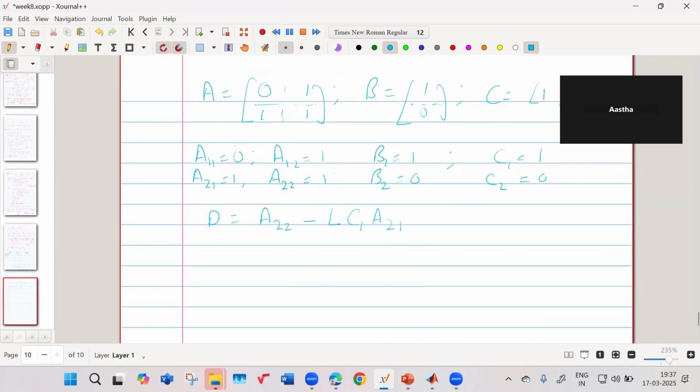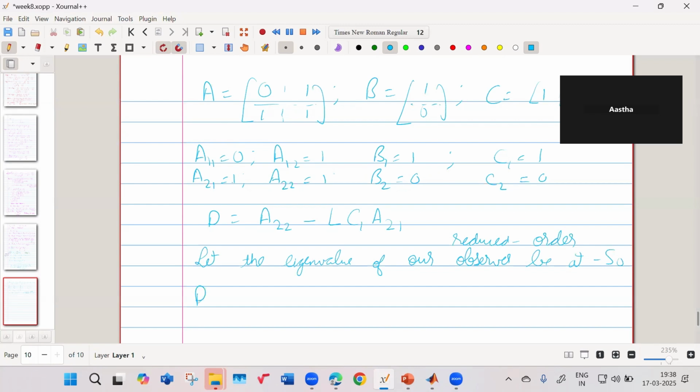We have to design this D. Let the eigenvalue of our observer, the reduced order observer, be at minus 50. We want that eigenvalue to be at minus 50, right?